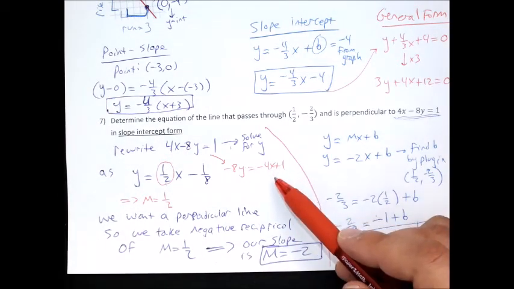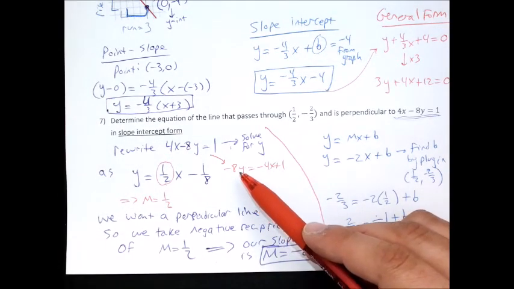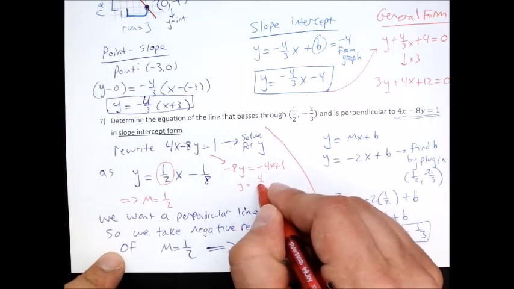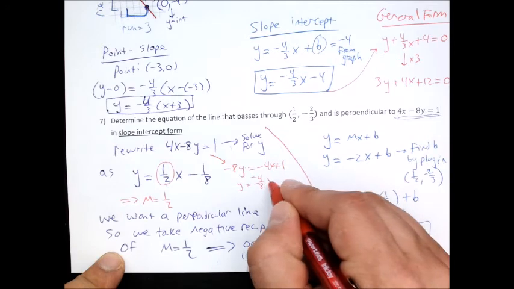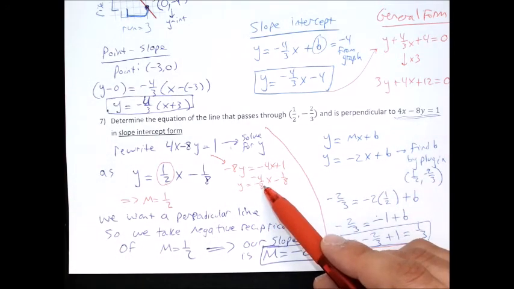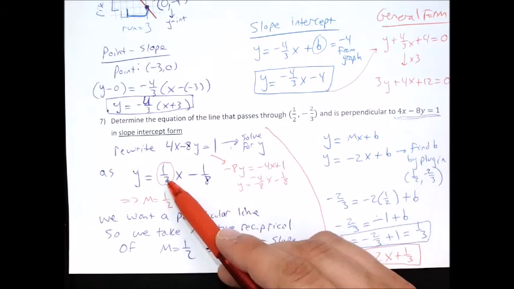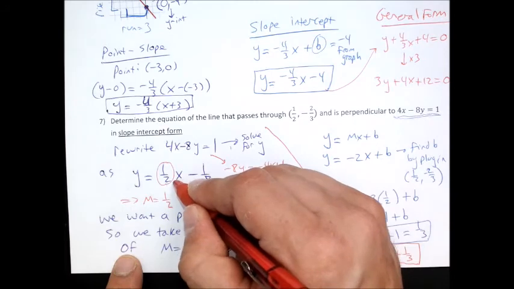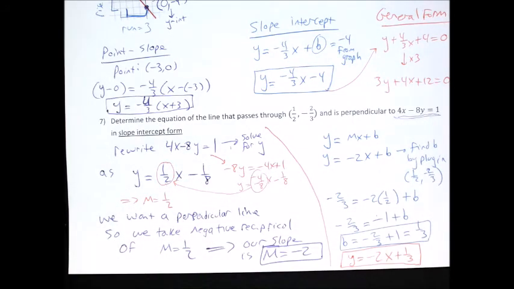Does that make sense? And then I need to divide by negative 8. So I get y equals minus 4 over minus 8x minus 1 over 8. And so the minus 4 over the minus 8 is the positive 1/2. That's where this came from. Is that clear now? Okay.